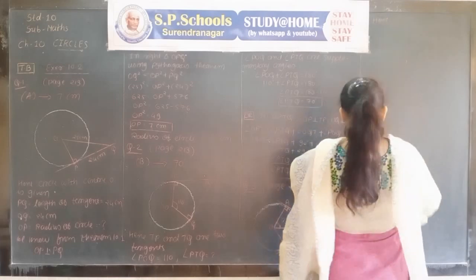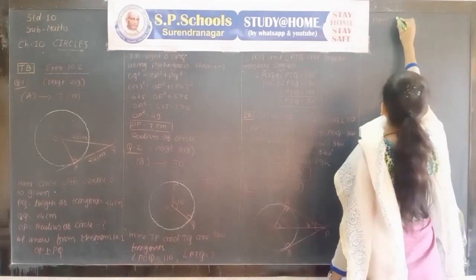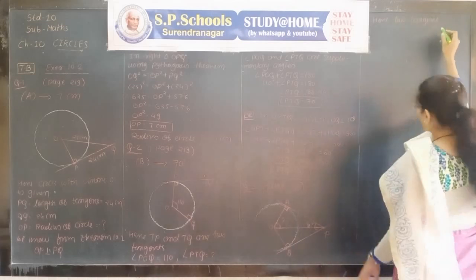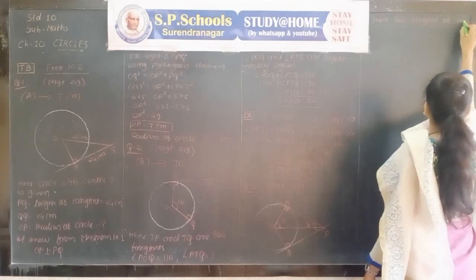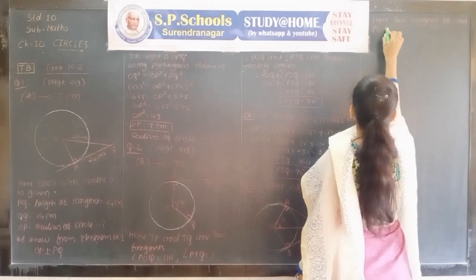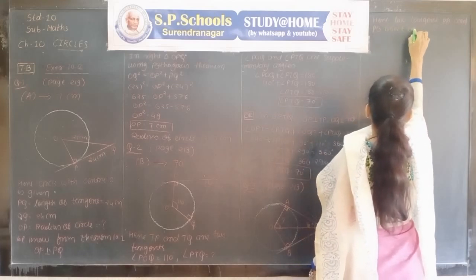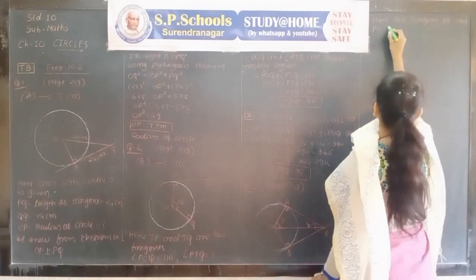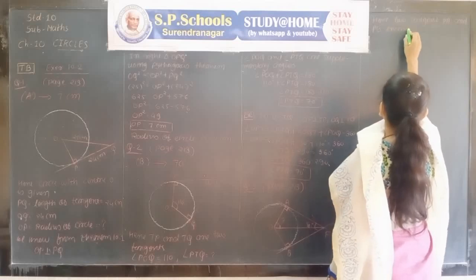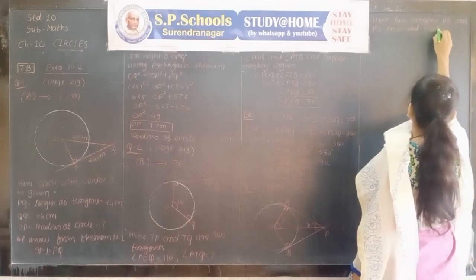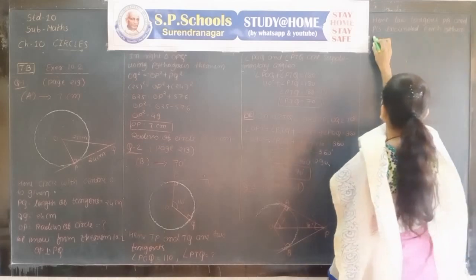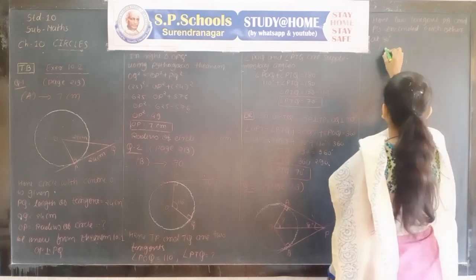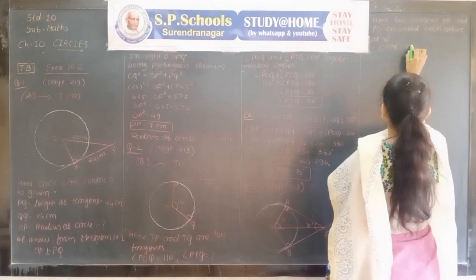Here, two tangents PA and PB are inclined to each other at 80 degrees, so that angle APB is equal to 80 degrees.